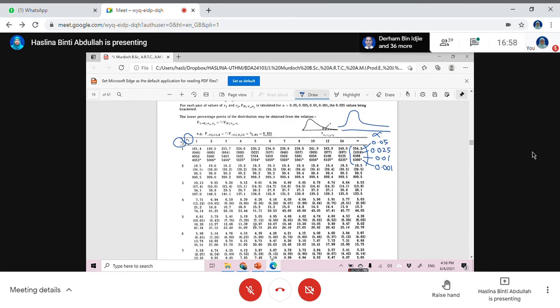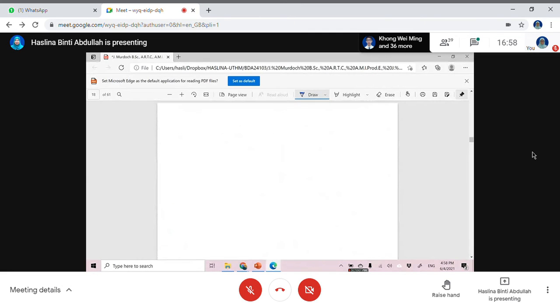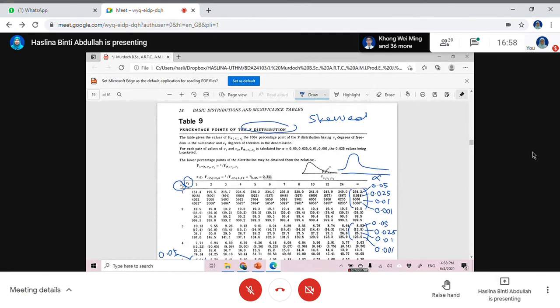Okay, same with this bracket. 8.93, alpha is 0.05. 30.9, alpha is 0.025. 26.1, 0.01. 0.001. Sama semua dengan bracket ni pun sama. 6.61, 0.05. 10.01, 0.025. 16, 0.001. Clear? Okay.